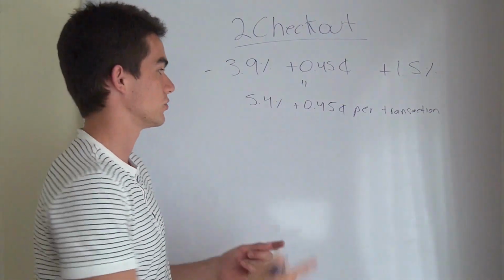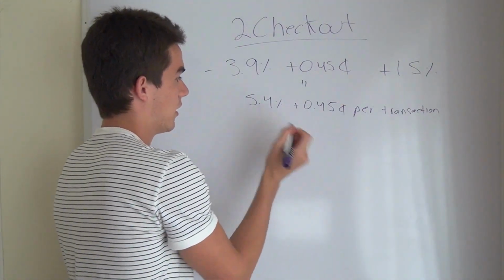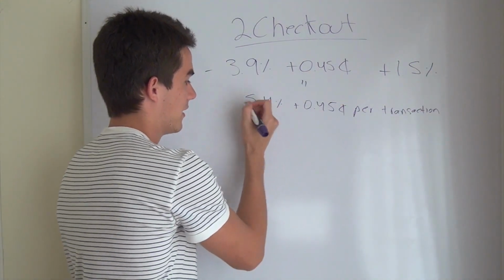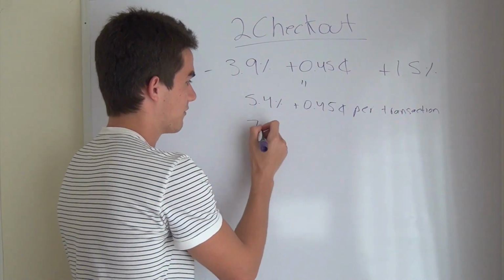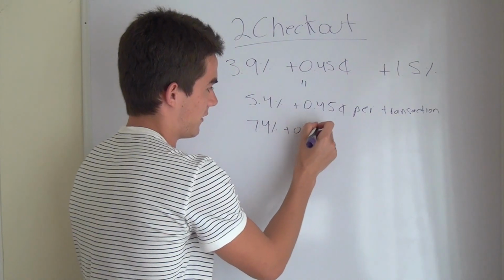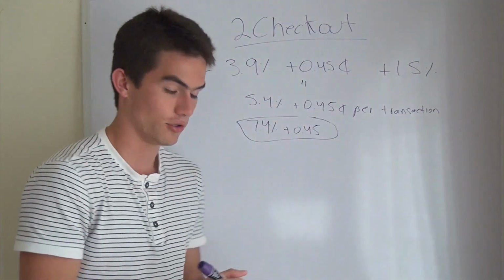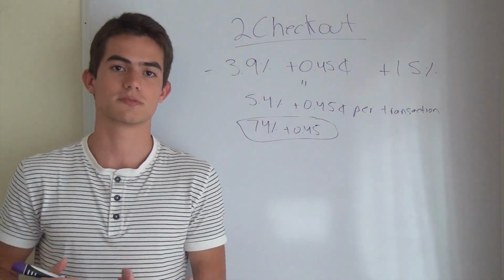So you're going to be paying a total of 7.4% plus 0.45.